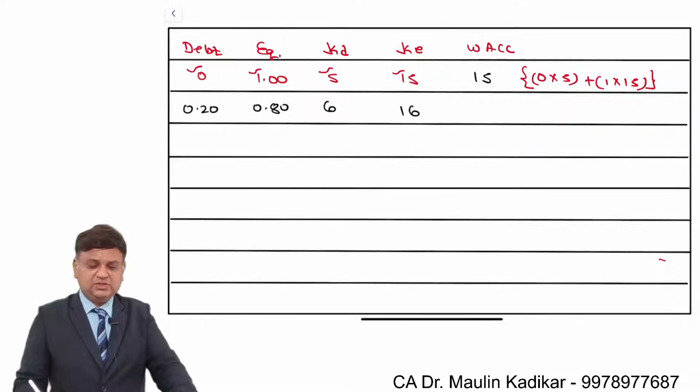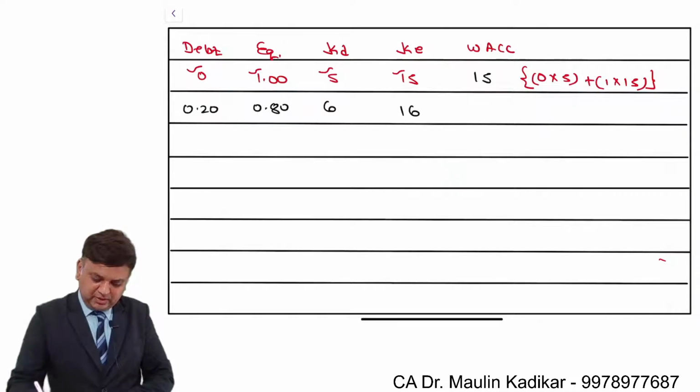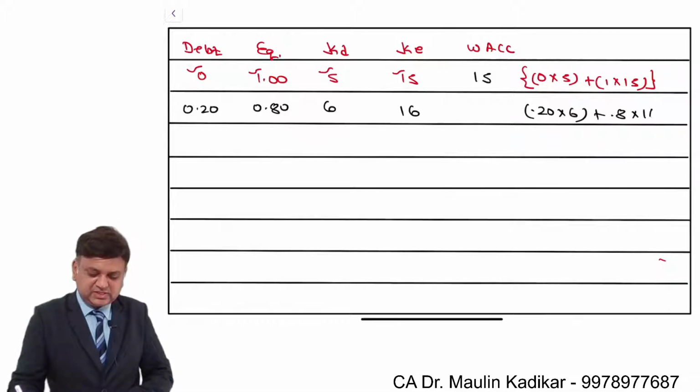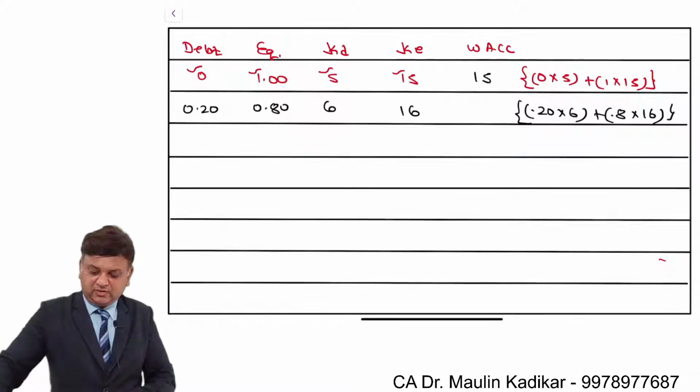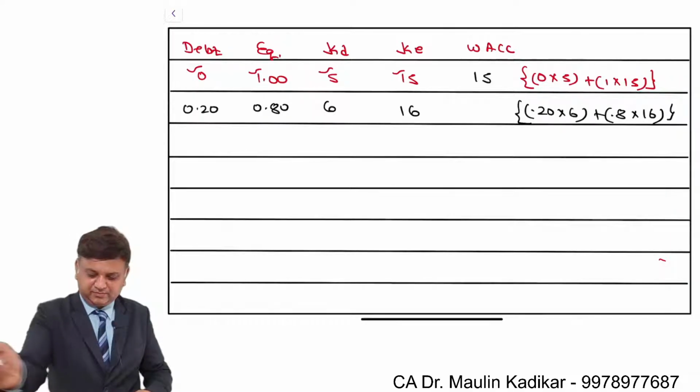That is given to us in the question only. So weighted average cost of capital is going to be 0.20 into 6 plus 0.80 into 16. So use your calculator. 0.2 into 6 and 0.8 into 16. That comes to 14%.